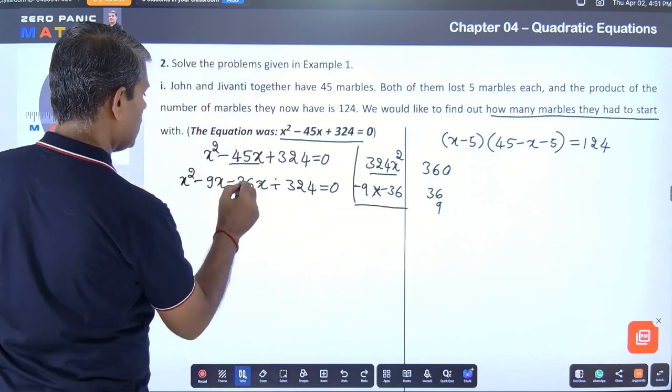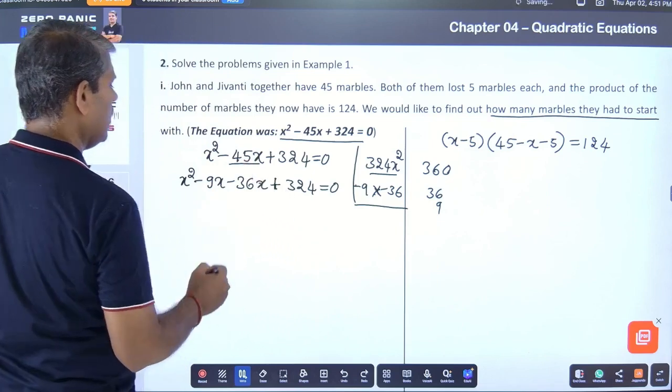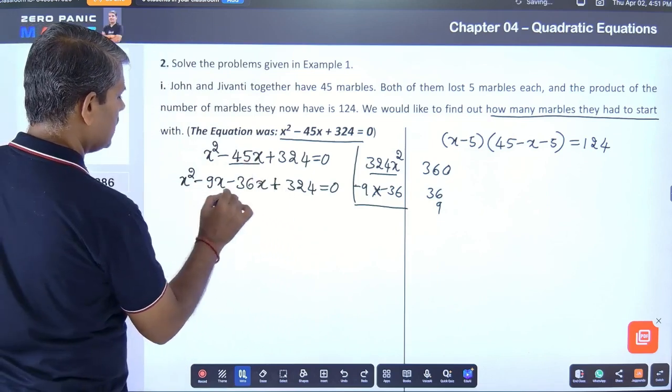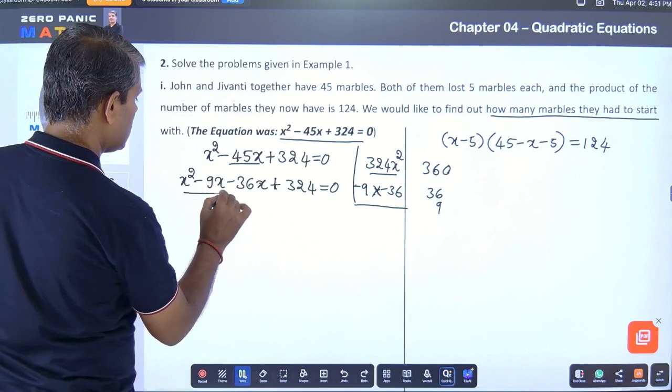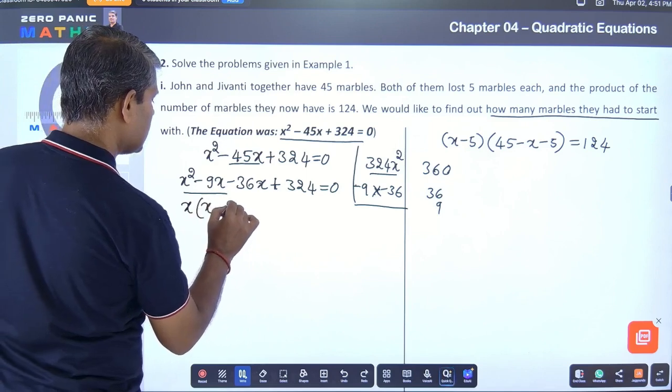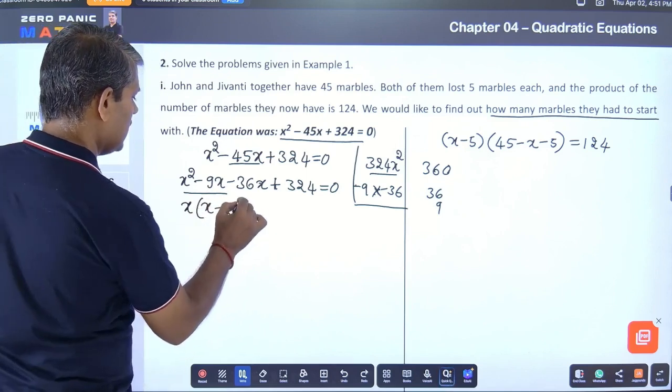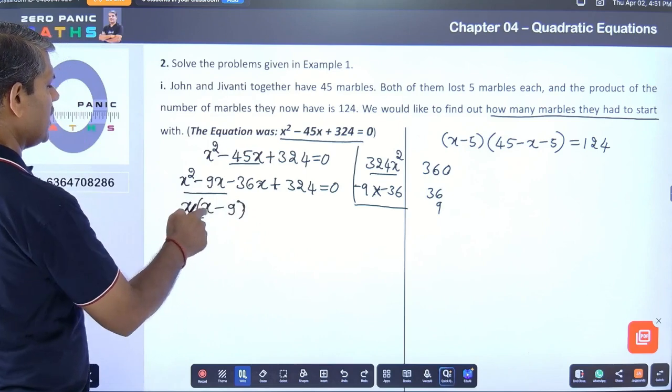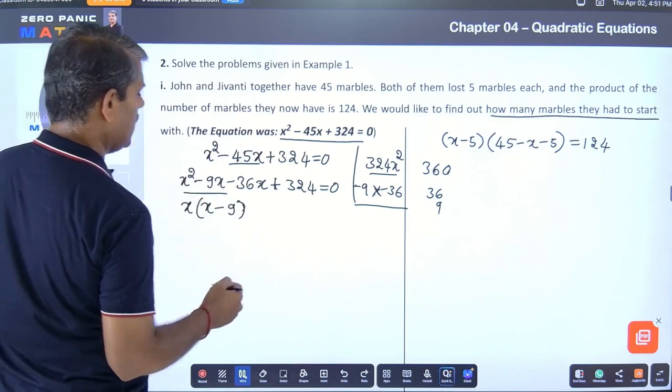Now what is common between the first two terms is x, and what remains inside is x minus 9. x into x square, x into minus 9.